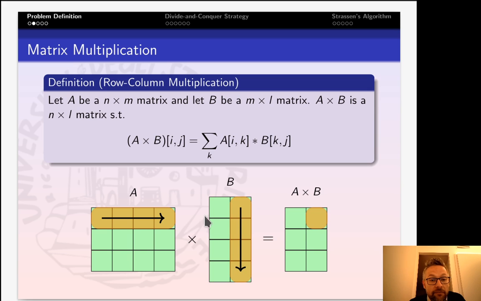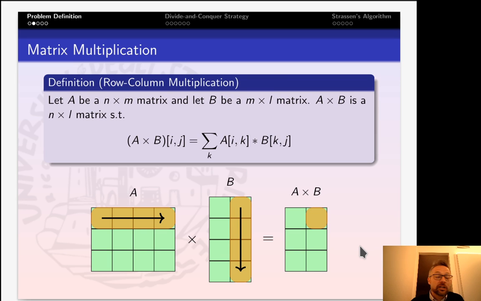This can be evaluated simply by taking the first row of A and performing exactly what we did previously with the second column of B. And this operation goes on until we have the whole A times B. Okay, so this is simply what we did in secondary school.